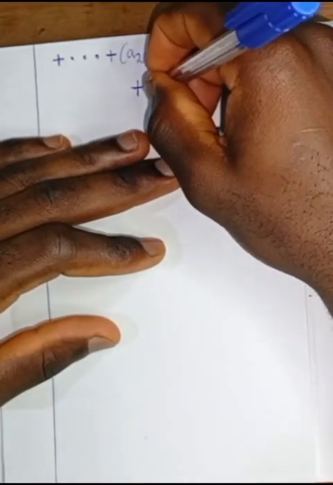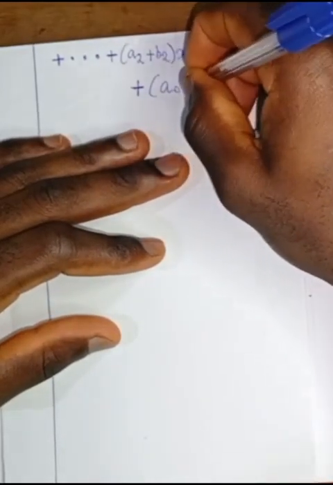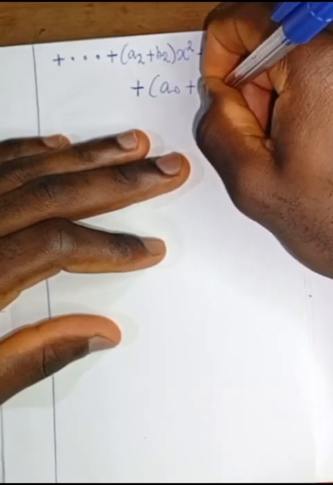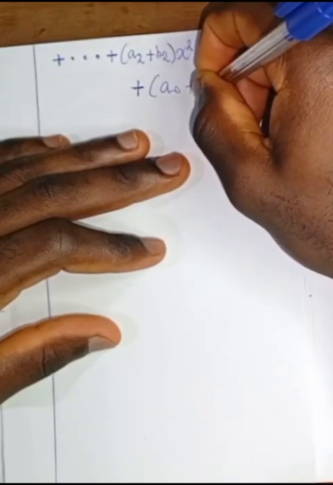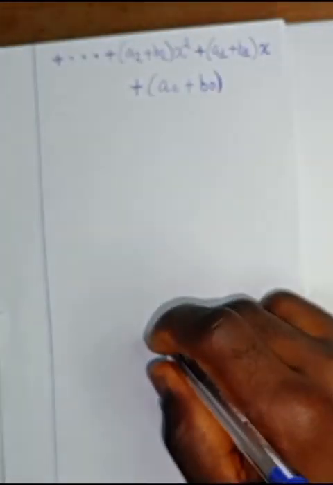We have a subscript 0 plus b subscript 0. So this is how we add any two polynomials in general. Now we move to an example.